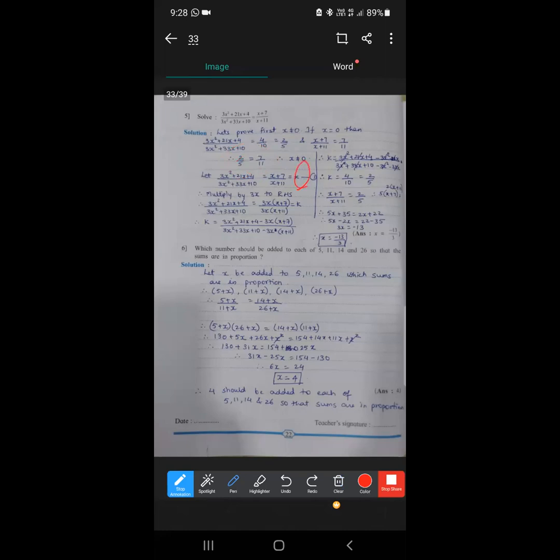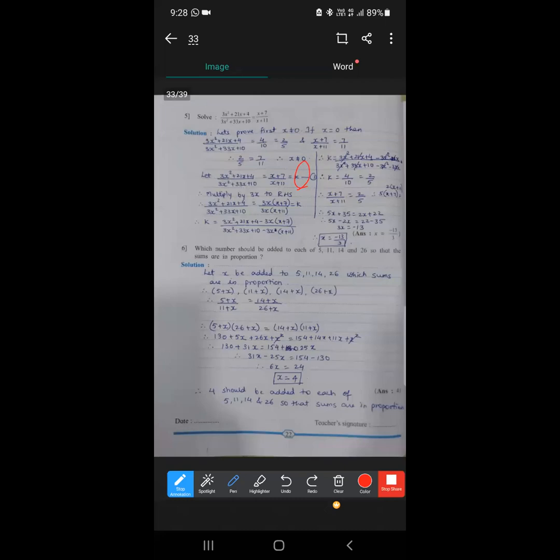Now k is nothing but a constant. In the previous example we multiplied the constant term. Now here we have assumed the constant, that is k. We'll mark this as equation 1.